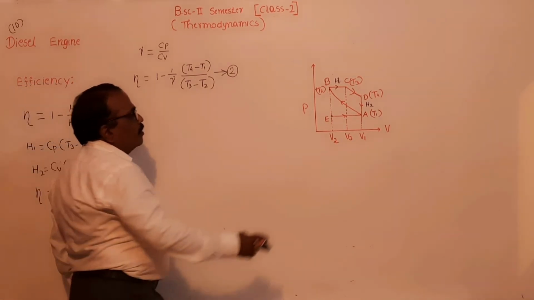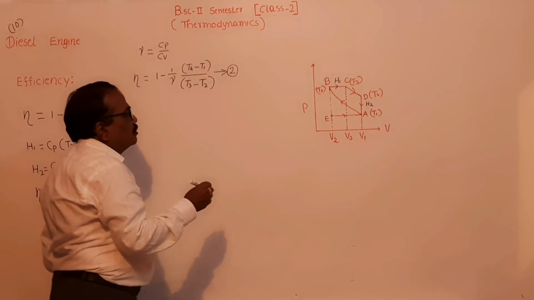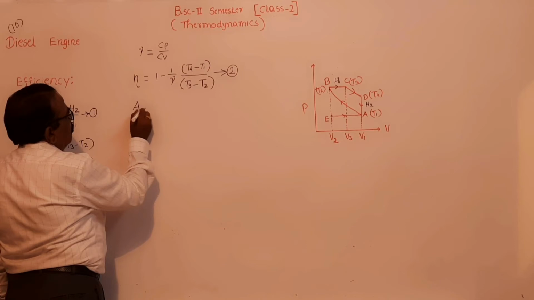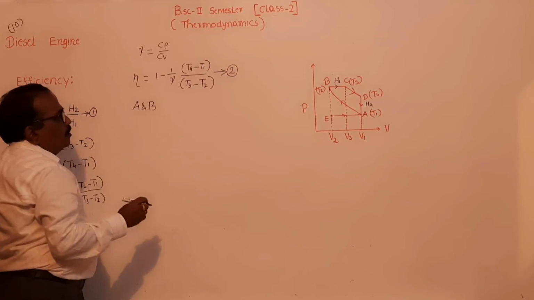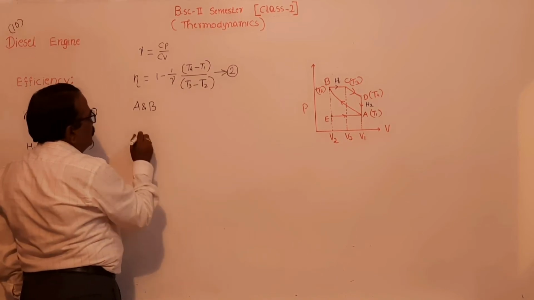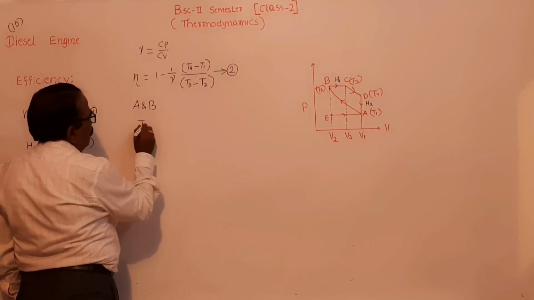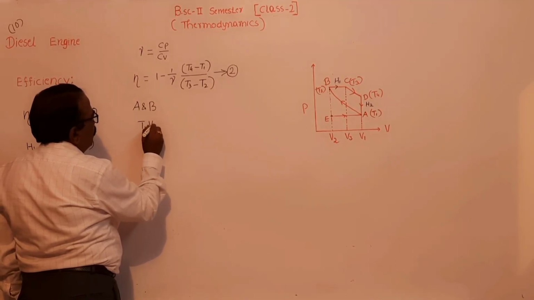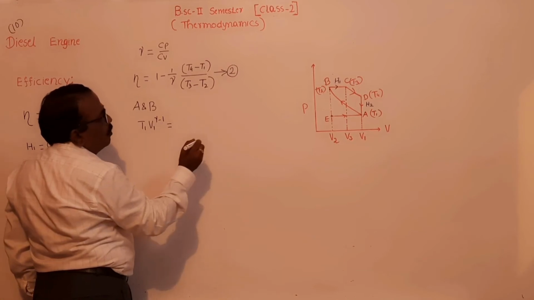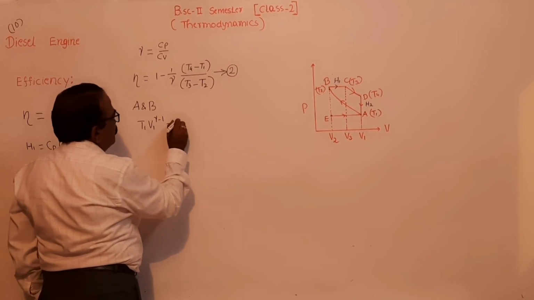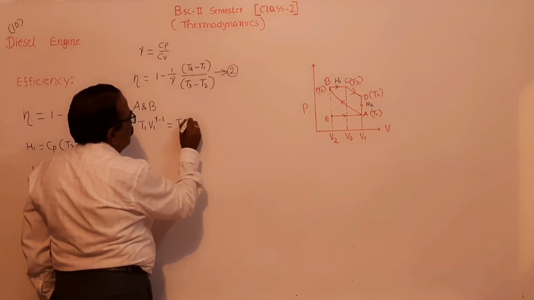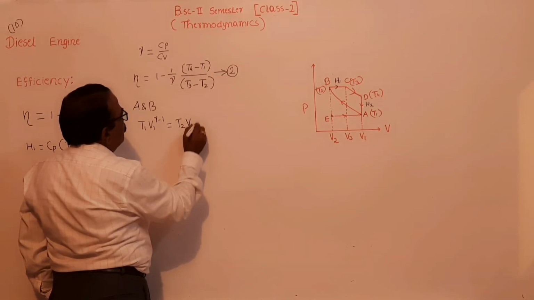A and B are lying on the same adiabatic. If they are lying on the same adiabatic, so temperature is T1, volume is V1, raised to mu minus 1 is equal to, at B, temperature is T2, volume is V2, raised to mu minus 1.